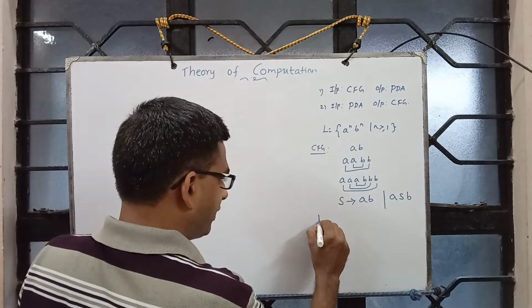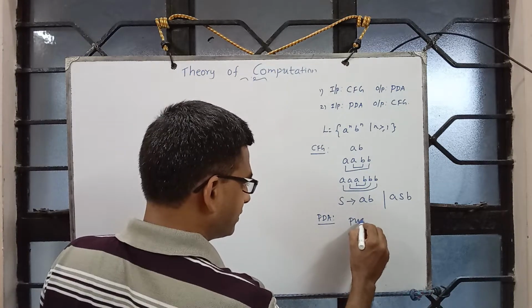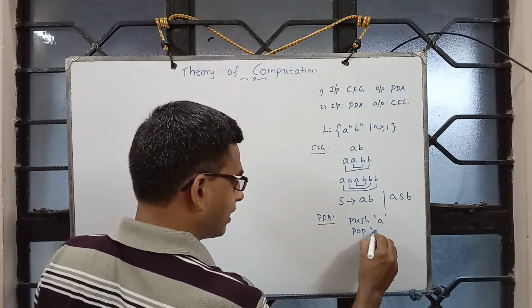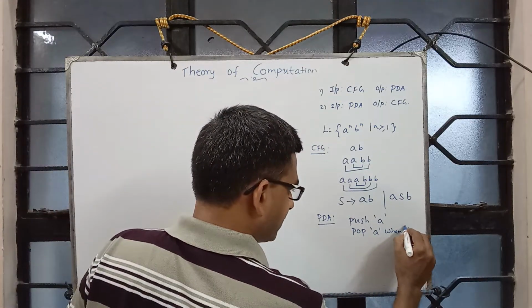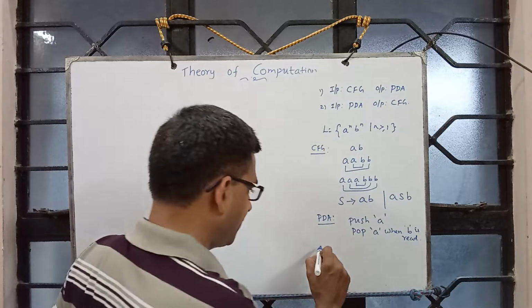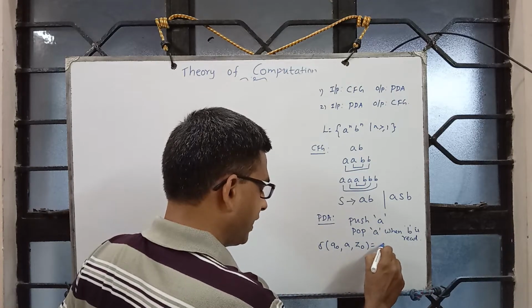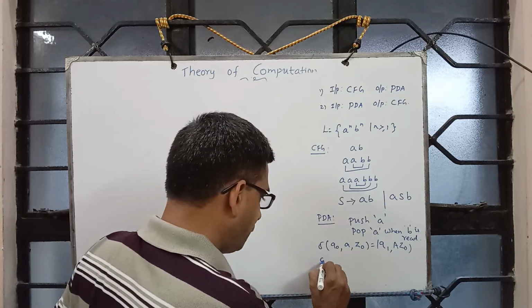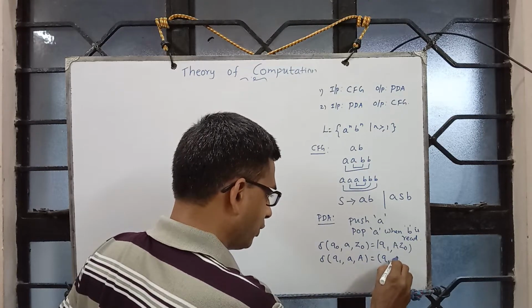That's all. When we talk about a pushdown automaton, when we read a sequence of A's, you perform push, and when you start reading B, you pop A. Correct? The transition says delta of Q0, A, with initial stack symbol Z0, goes to Q1 and pushes A. Then at Q1, with top symbol A, we push some more.